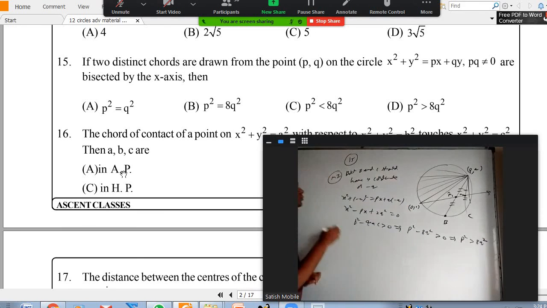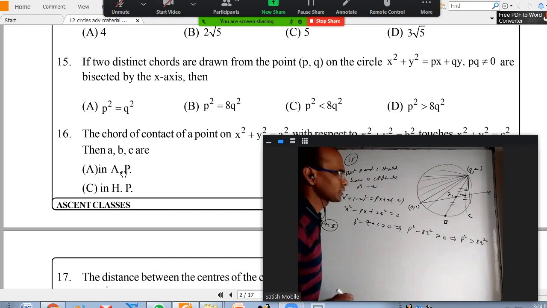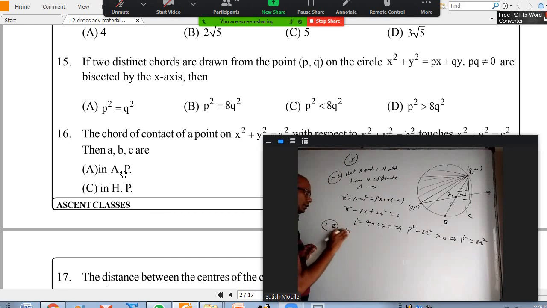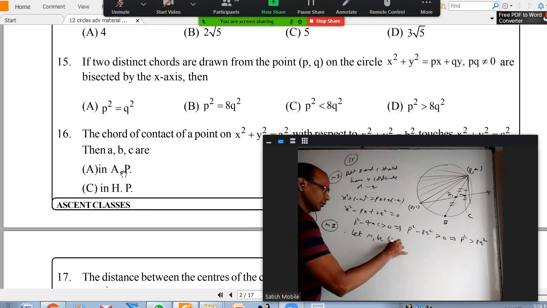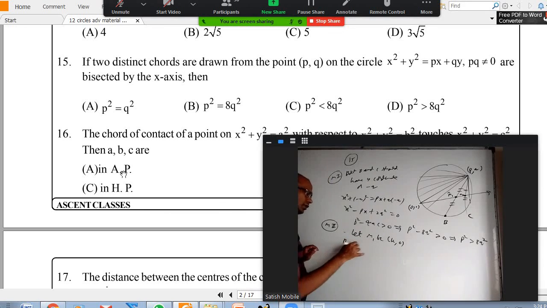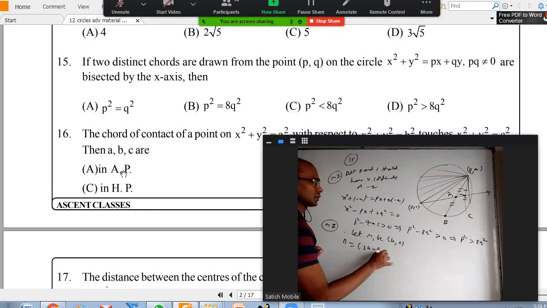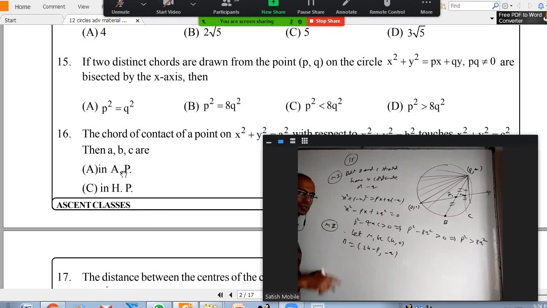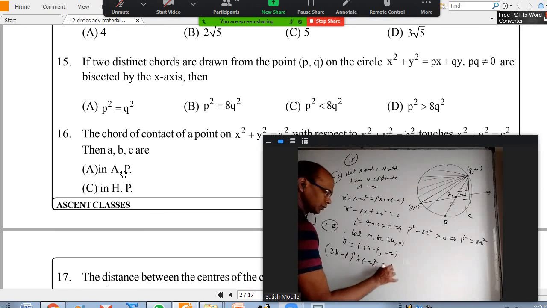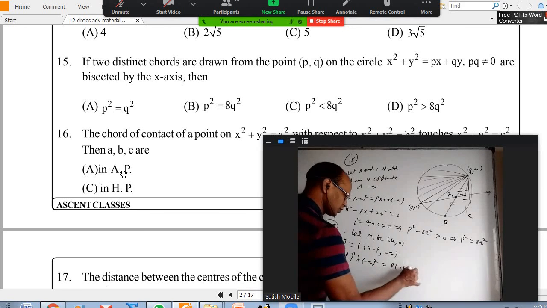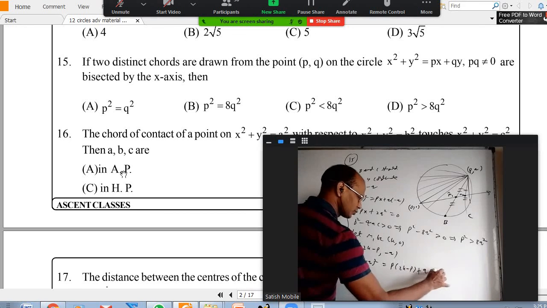This is easier, no doubt, but we did not notice that much. At least we know I can take M1 to be k comma 0. Then point B will be 2k minus p comma minus q. This I should substitute in the circle and then get a quadratic equation. 2k minus p whole square plus minus q whole square, and put p into 2k minus p plus q into minus q.